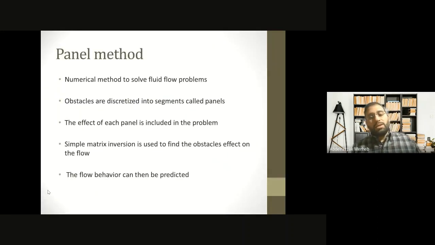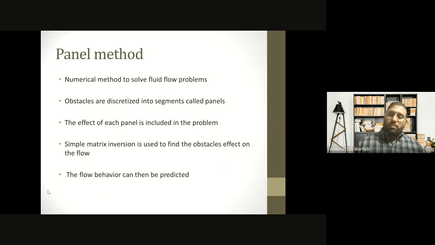The panel method is a numerical method to solve fluid flow problems, where all the obstacles in the environment are discretized into small segments. These segments are called panels, thus its name, panel method. The effect of each panel is included in the problem, and we will end up with a simple matrix inversion to find the obstacle effect on the flow.